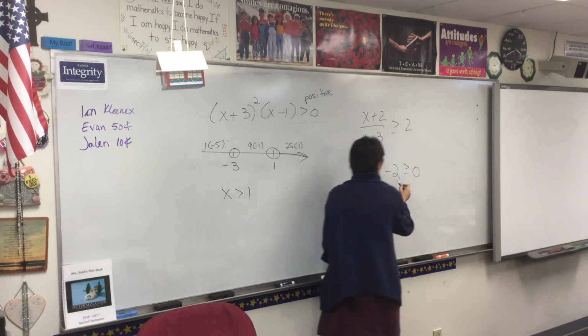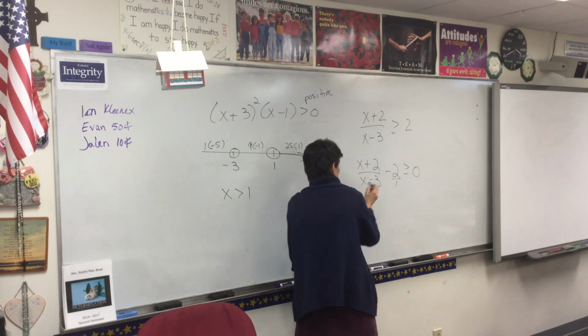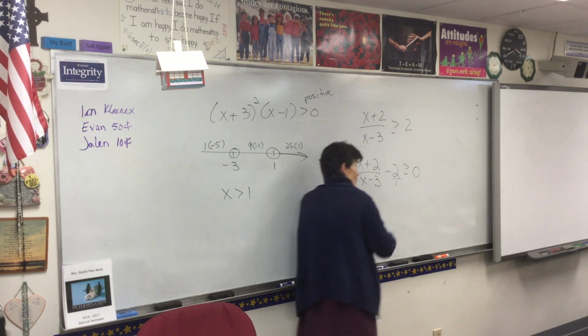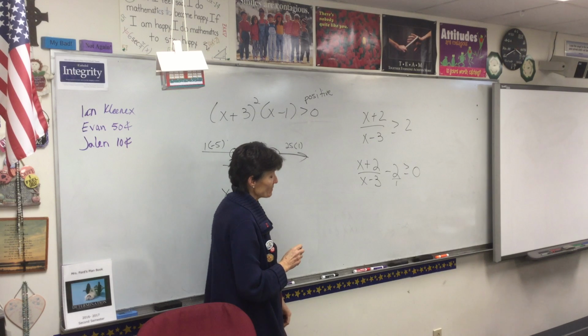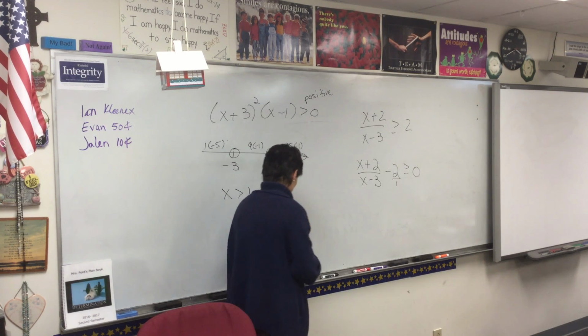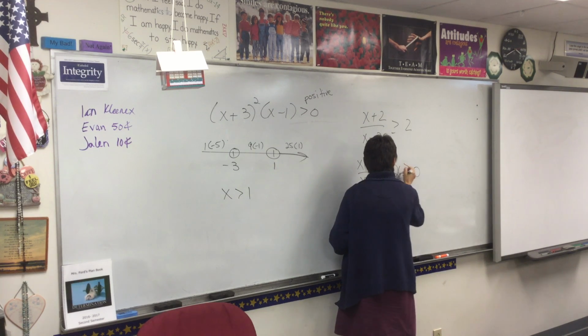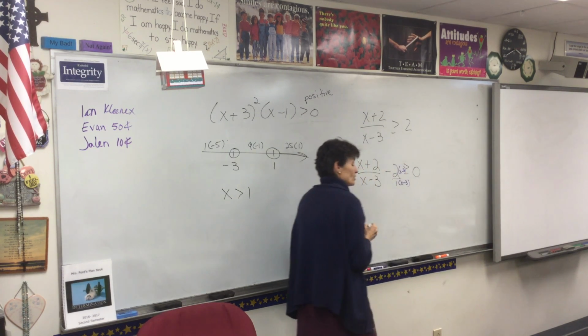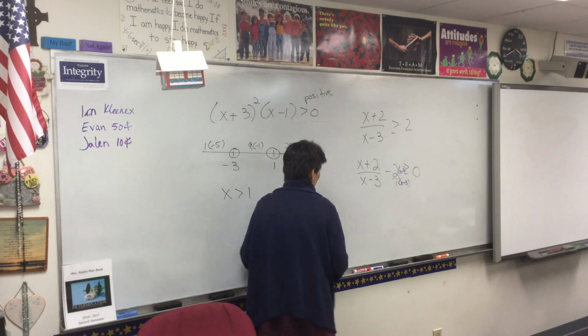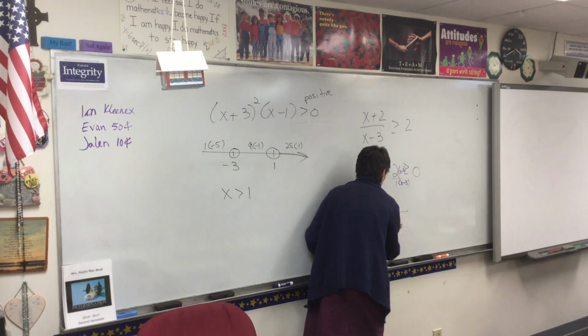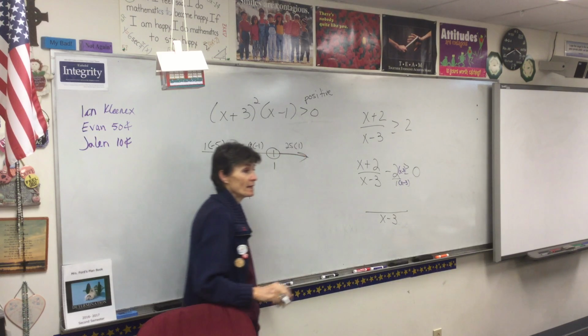Now, this is another fraction, and you are going to subtract these two things. So obviously, we need a common denominator. So we'll multiply this one by x minus 3. That's all you have to do. Now they have a common denominator, and you can write it with one denominator.